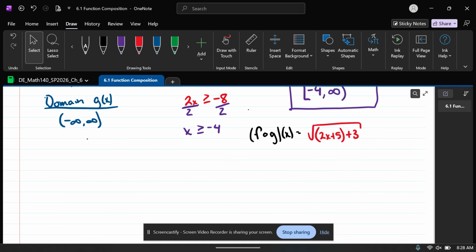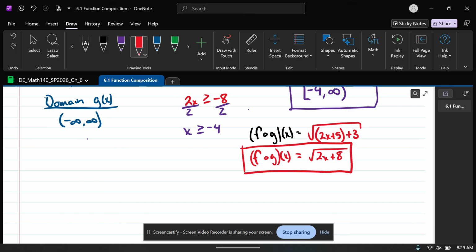And I'm just going to simplify it as much as I can. 2x plus 8, wouldn't it? There's my composite function. If I took this composite function and followed the red flag rules, I would set 2x plus 8 greater than or equal to 0 and solve it.